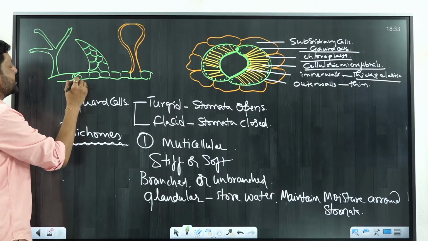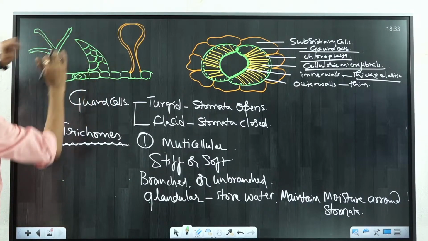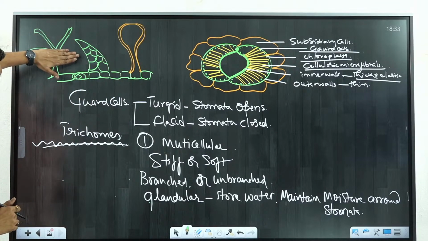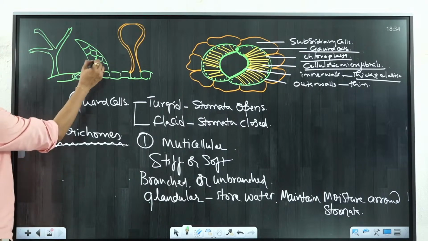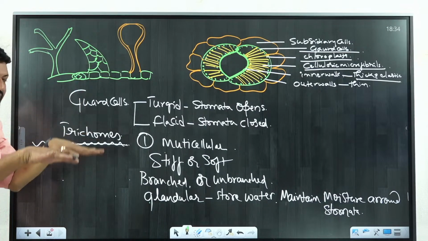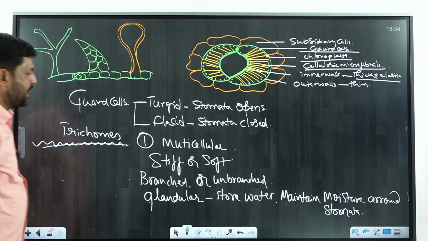Let us say this is one stomata, and trichomes are covering the stomata and maintaining moisture. So the immediate atmosphere of the stomata is not dry, so trichomes help in reduction of the rate of transpiration. Was it clear? Reduction of rate of transpiration.